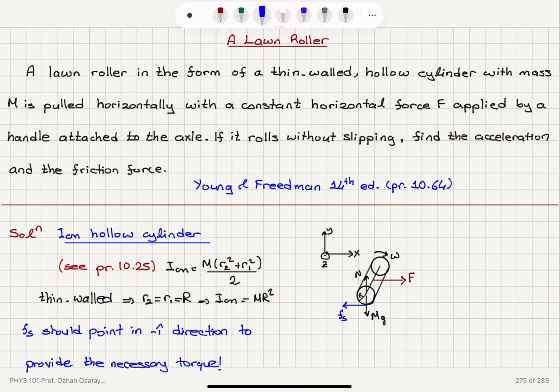Now, if I write Newton's laws of motion, the net force on the x-axis is basically the external horizontal force F being applied, minus the static friction force, that's equal to the mass of the cylinder times the acceleration of the center of mass, the translational motion.